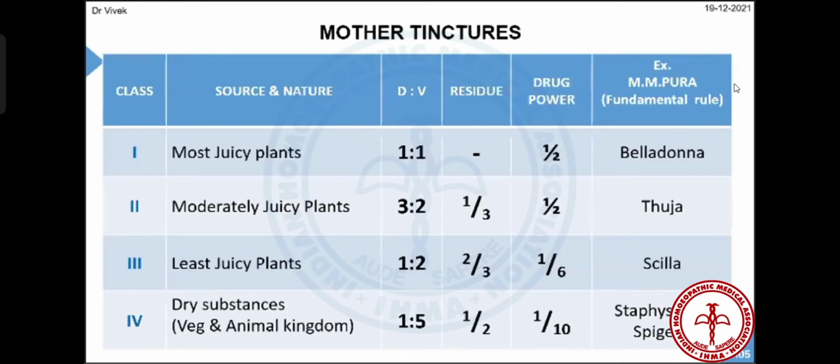Class 4 mother tincture itself is considered as 1x because it has a drug strength of 1/10. The decimal scale first potency has a drug strength of 1/10. So the class 4 mother tincture itself is considered as 1x.